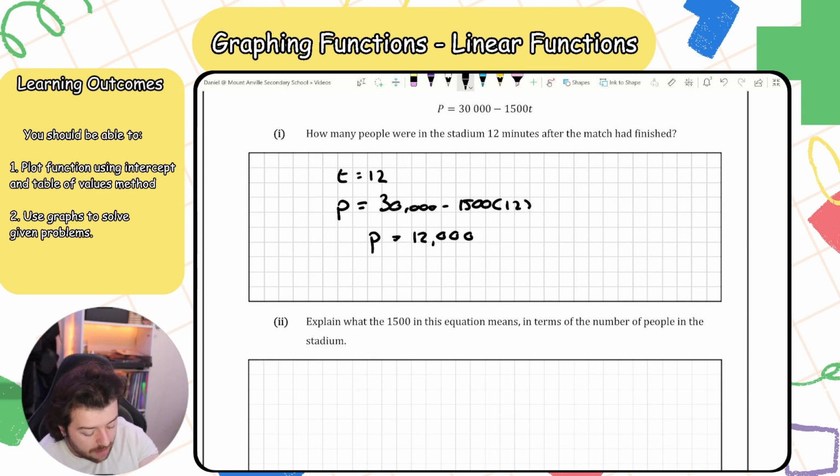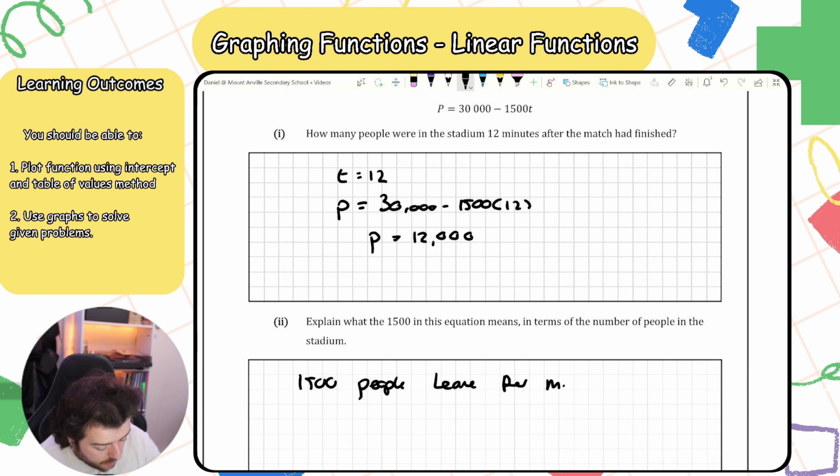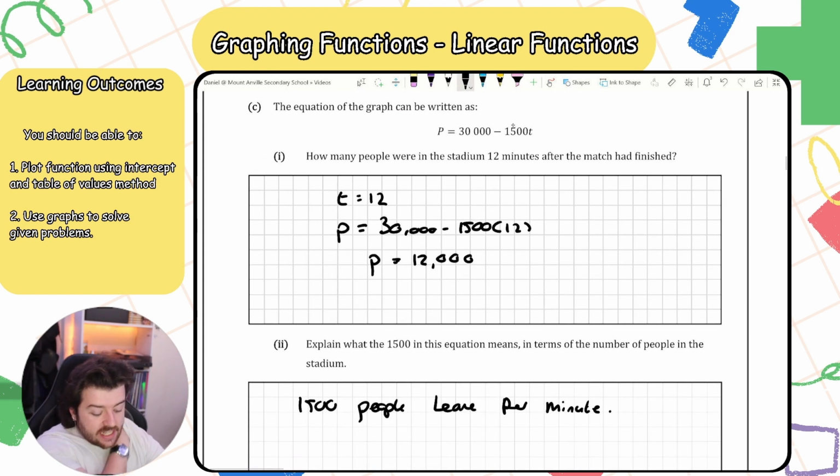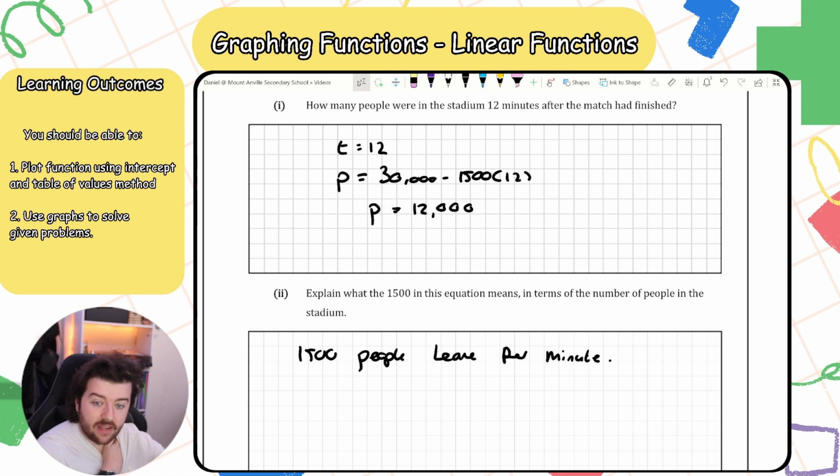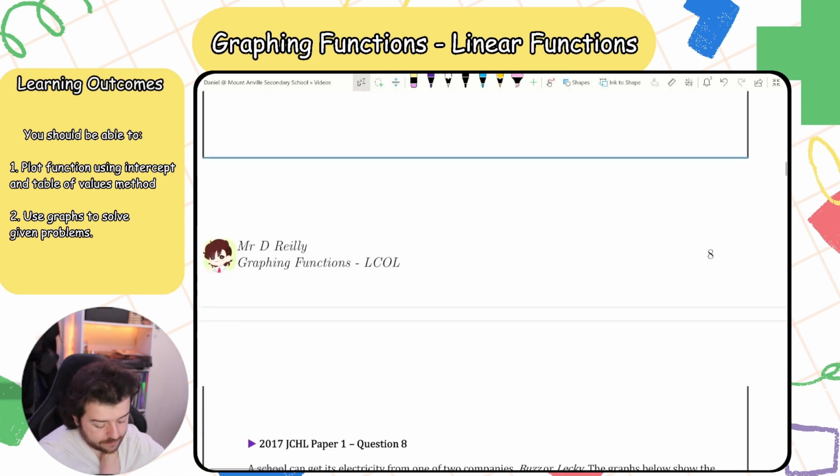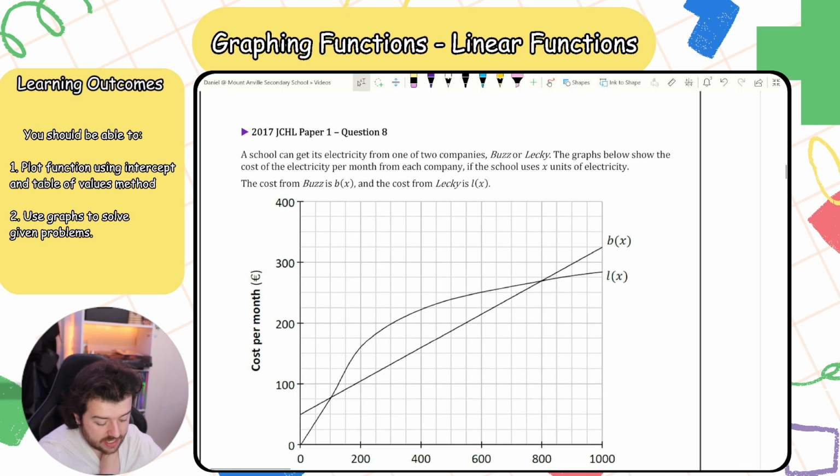So what does that mean? 1,500 people leave the stadium per minute. So every minute, 1,500 people leave. If you were to plot this out, or look at the graph or the table of values, every time a minute after the match is increased, 1,500 people have left the stadium. So 1,500 people leave per minute. And that question is done. That was a nice, easy question.